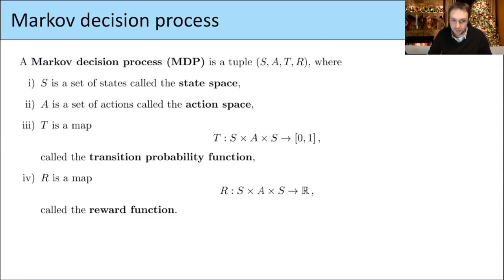So in this case, these probabilities are almost always 0, except for exactly one state. And R is the reward function, which tells us what we get when we go from one state to the other by using a certain action. This will be a real number, where a positive number usually means some positive reward, and a negative number means some negative reward.